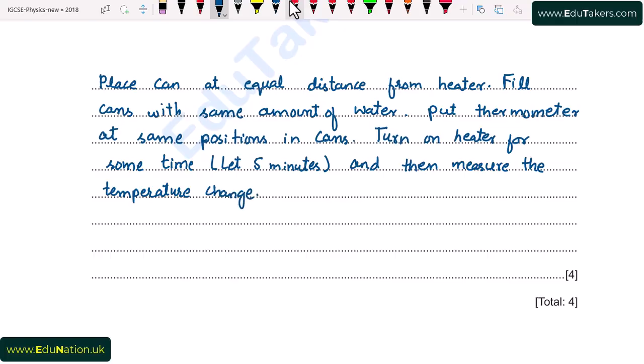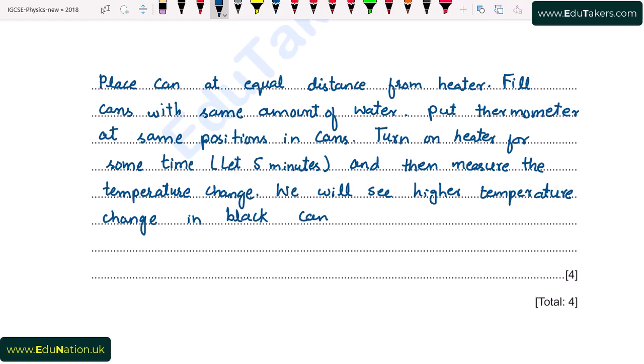We will see, or we will observe, higher temperature change in black, as black is a better absorber.